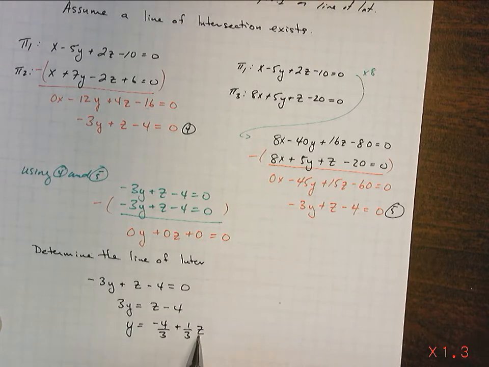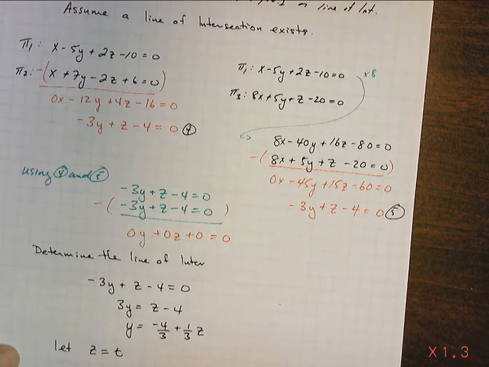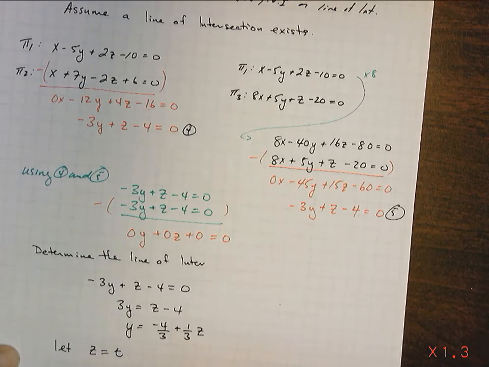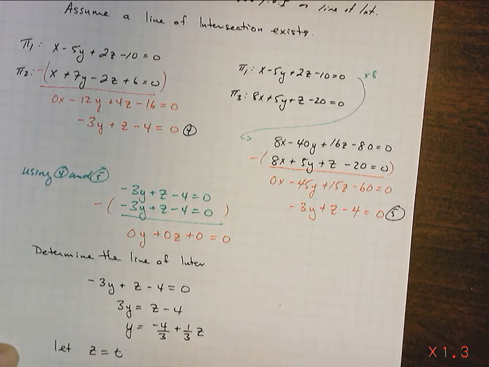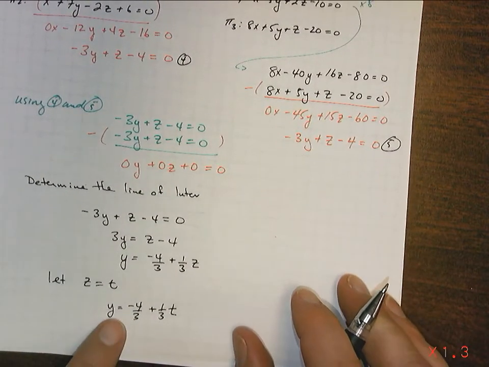Now, I like my parameter to be z, so I'm going to say let z equals t, which means that y is now going to become negative 4 over 3 plus 1/3 t. And now what I have to come up with is the parameter for x.